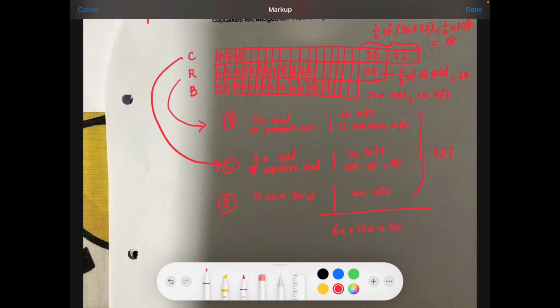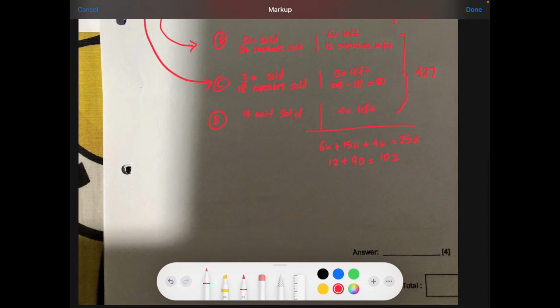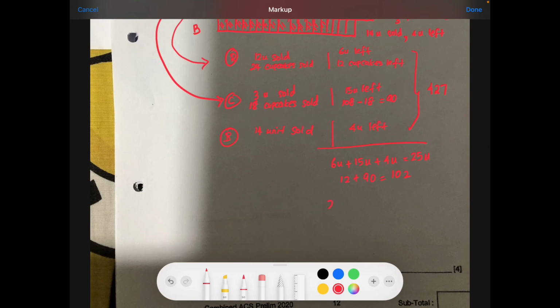These are all the units. 6 plus 15 plus 4, I would have 25 units. Not only that, I also have my 12 cupcakes plus 90 cupcakes. I'll get 102. So let me zoom out further. Now it means that 25 units plus the 102 would represent 427 in total.